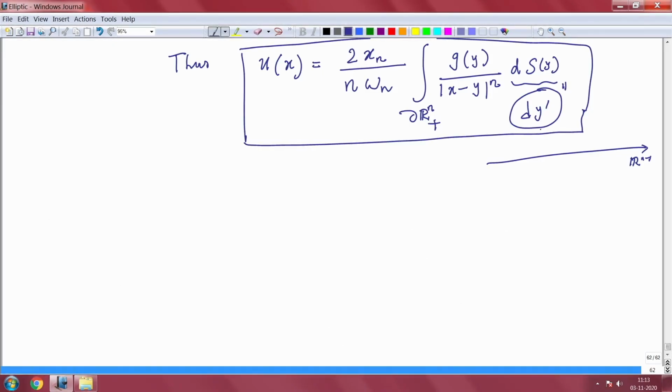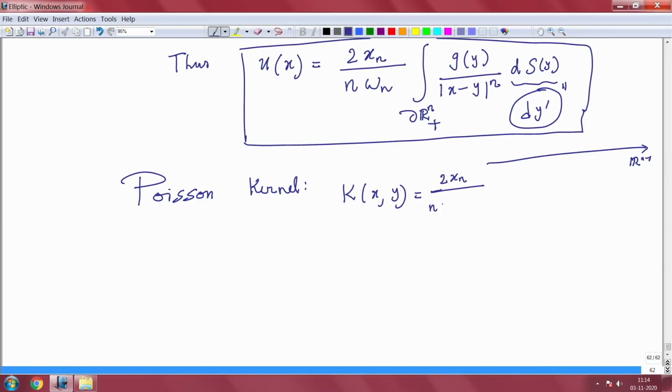Okay. So, we introduce what is called the Poisson kernel. Definition: Poisson kernel. We introduce k of x y is equal to 2 x n, whatever it is, 2 x n.